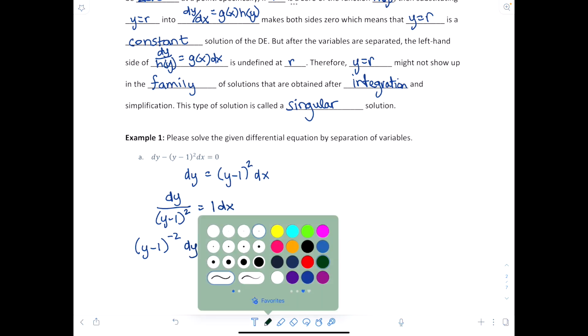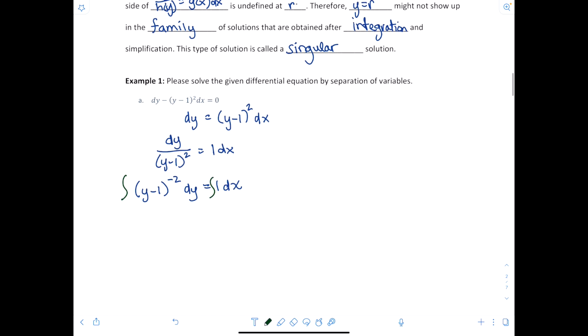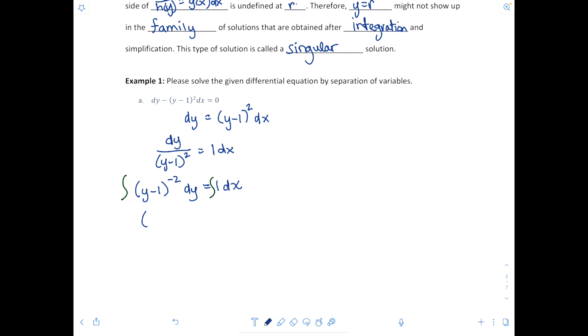And now when I integrate both sides, you could do a u substitution on the left side, but the derivative of y minus 1 is just 1. And so I'm going to go ahead and just evaluate that integral.